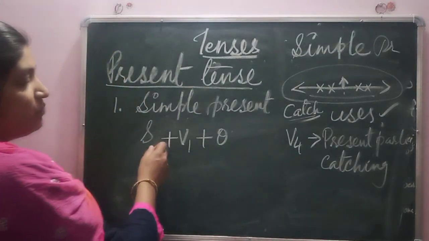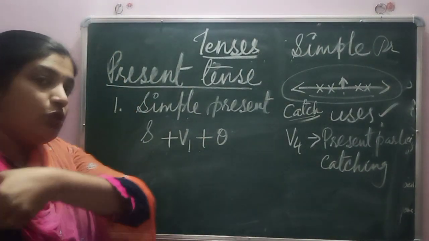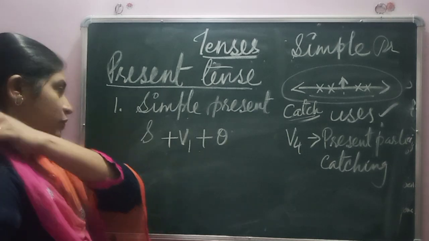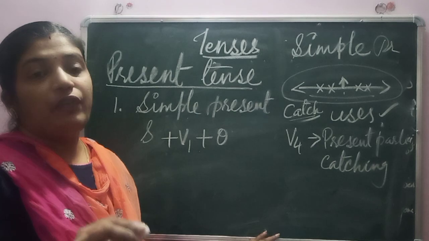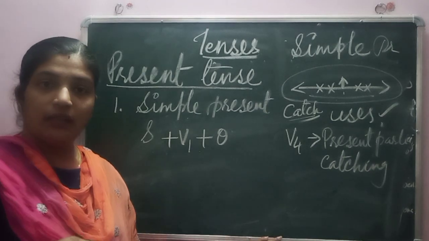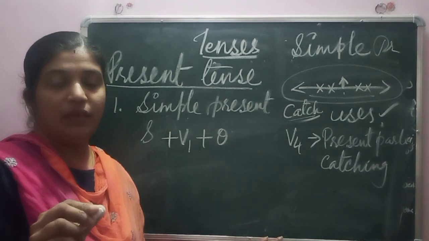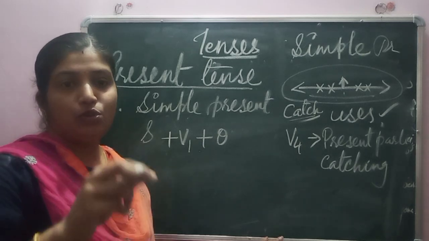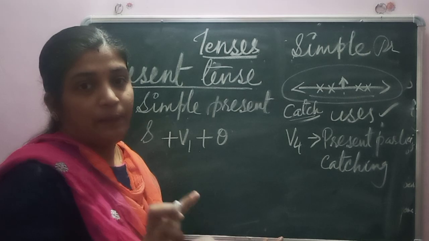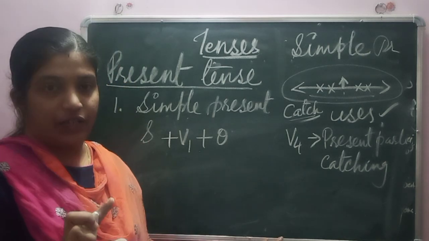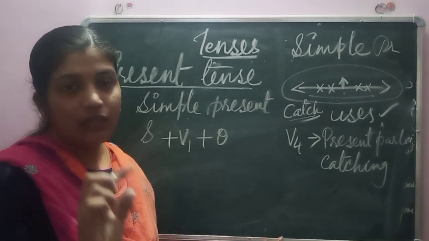Now, so here subject plus V1 plus object. So V1 will be the present form of the verb. Always remember that. I told you, in a sentence, how will you find out the time of an action? By seeing the verb. So always remember that the difference between the tenses or the sentences is the time of the action. So that we can identify from the verb.